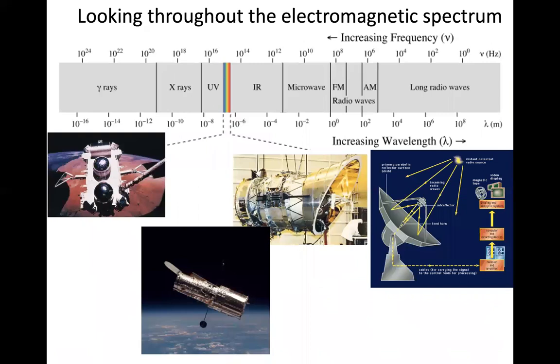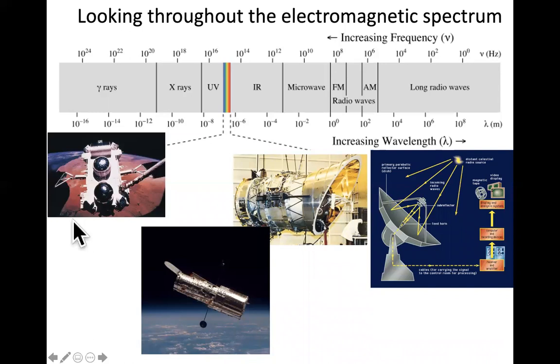Now, everything I've just said has focused on telescopes in optical wavelengths or visible light. And part of that is understandable because that's what we're used to seeing. But remember, light is just one type of electromagnetic wave. There is UV light, there's infrared light.